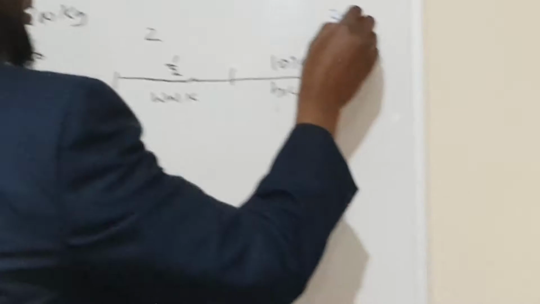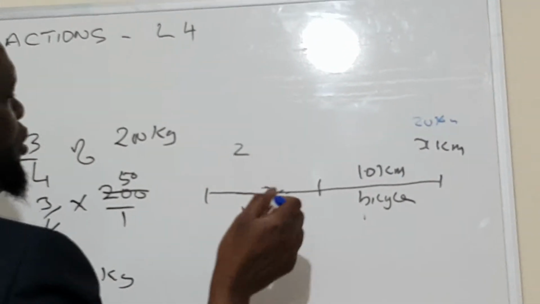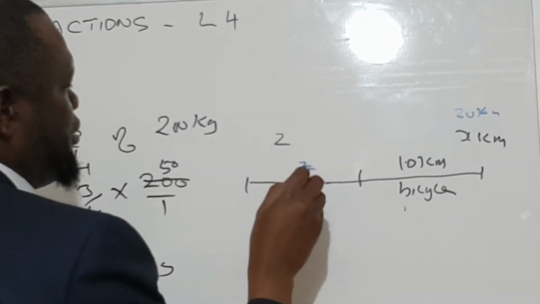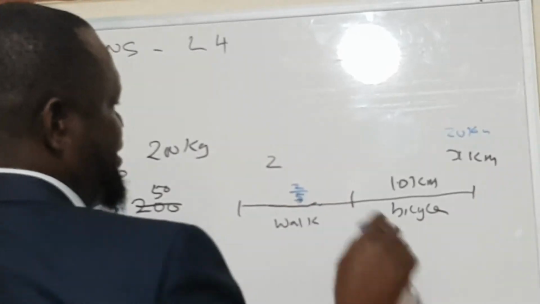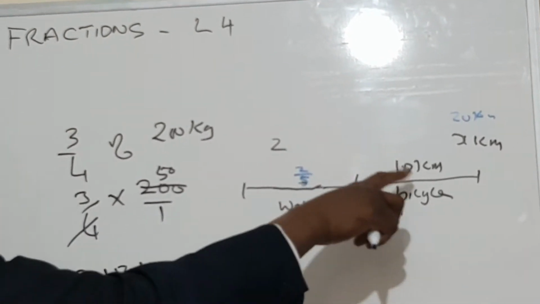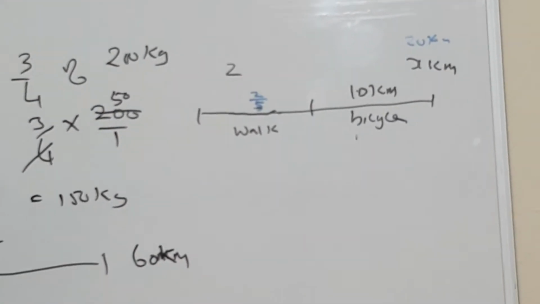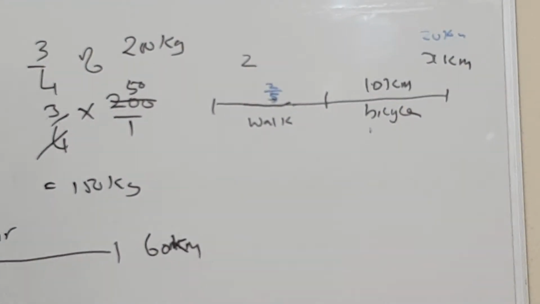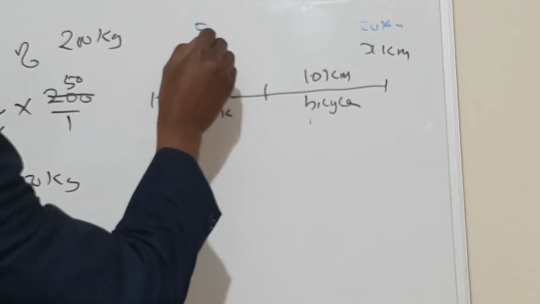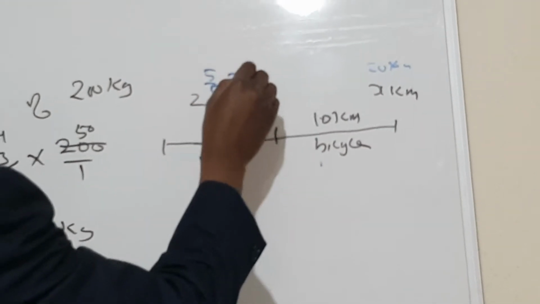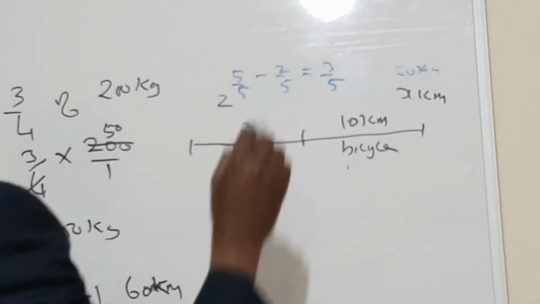Whole journey, 20 kilometers. Now, assume I made this 2/5. This is the balance. I didn't say anything. This is the balance. And that balance is 10 kilometers. Then basically you know that the whole journey will be 5/5. The balance will be 5/5 minus 2/5, which is 3/5.